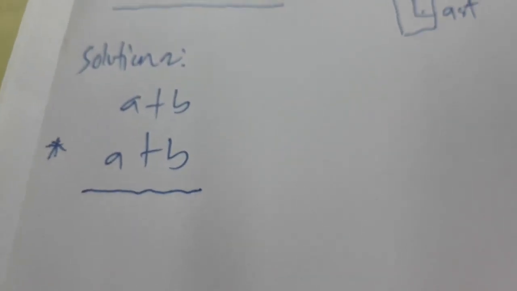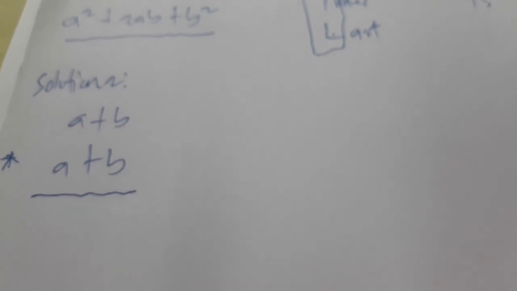I have here solution number 2: a plus b times, or asterisk, a plus b. Actually, let me introduce to you a simple pattern to deal with solution number 2.